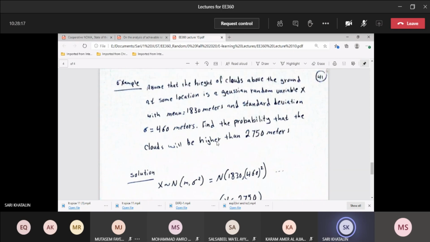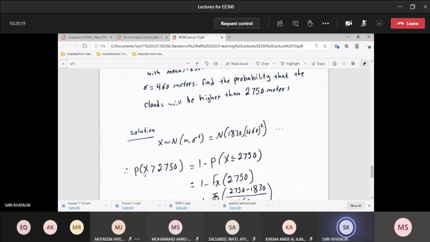So what's needed from us is to find the probability that the random variable x, the clouds, are higher than 2,750 meters.